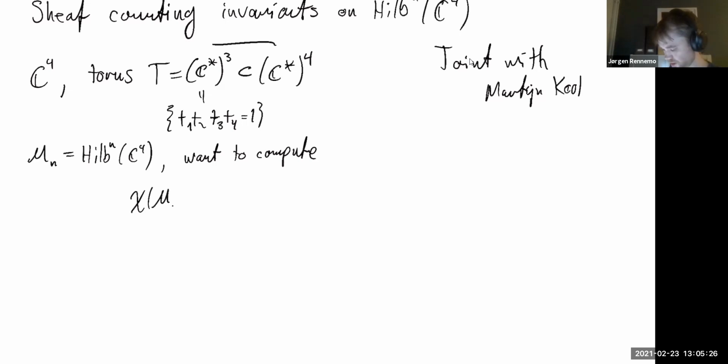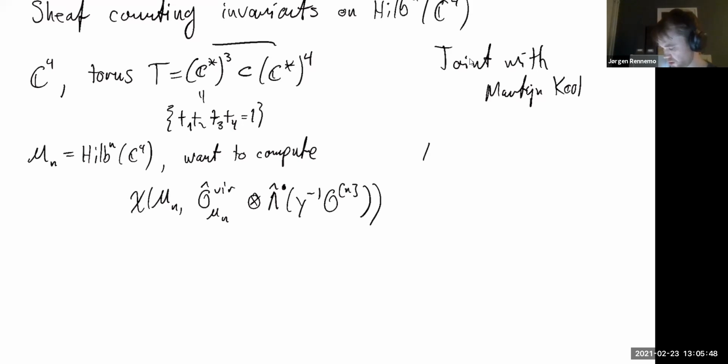So let me just write down what these were. We wanted to compute this twisted virtual structure sheaf tensor with the following class, tensor with some other class.